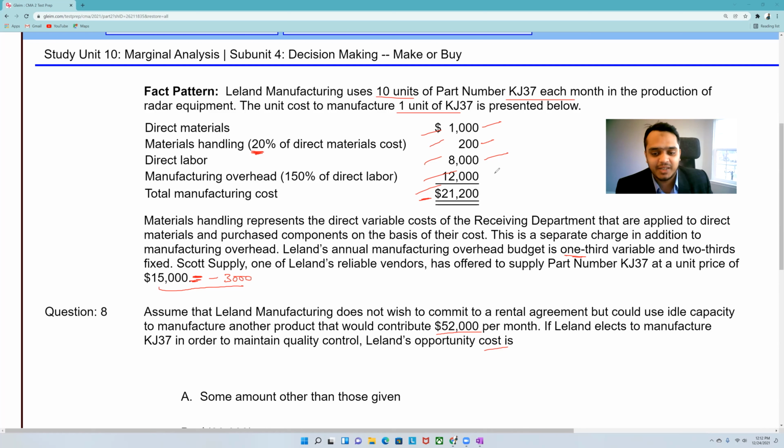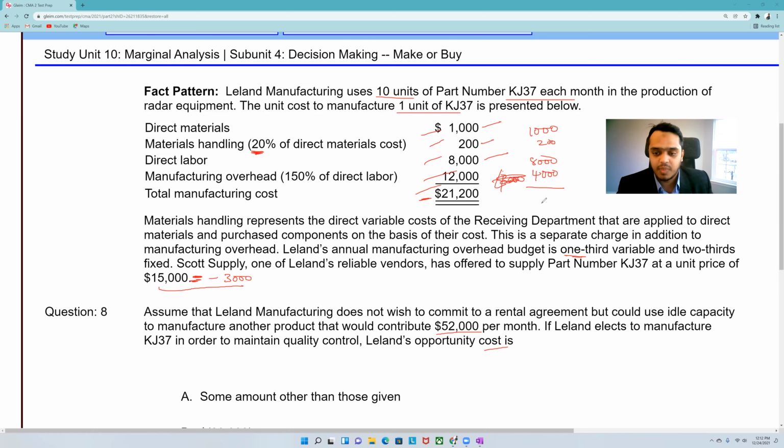So 1/3 means I need to take 12,000 divided by 3, that is 4,000. So 4,000, 8,000 direct labor, 200 handling cost, and 1,000 is my direct materials.